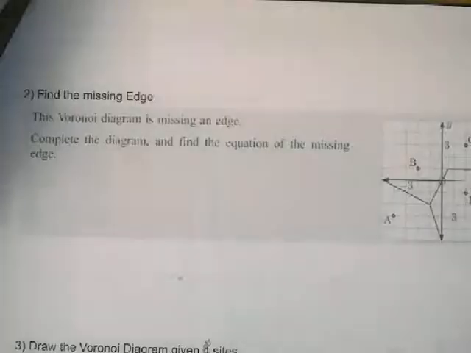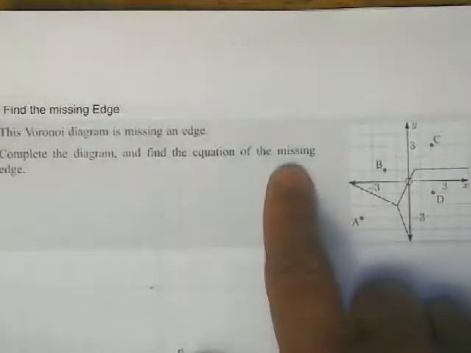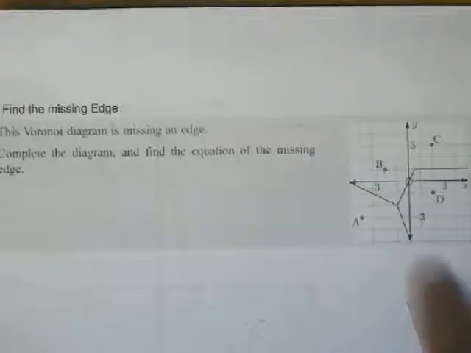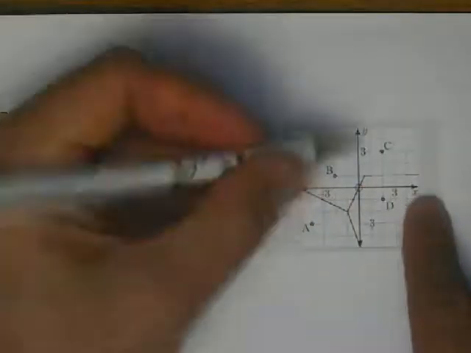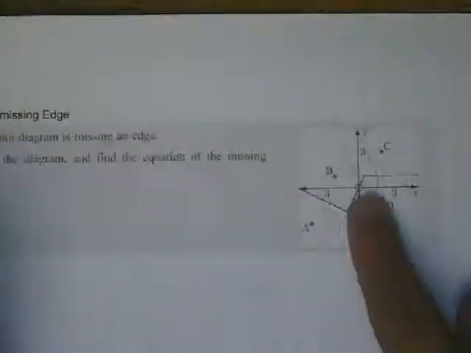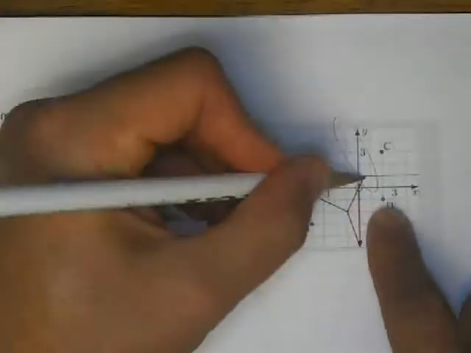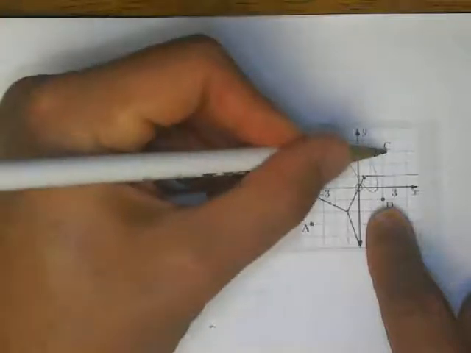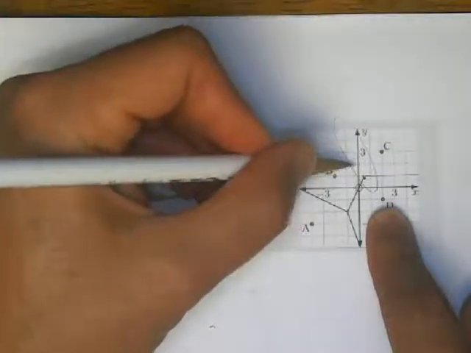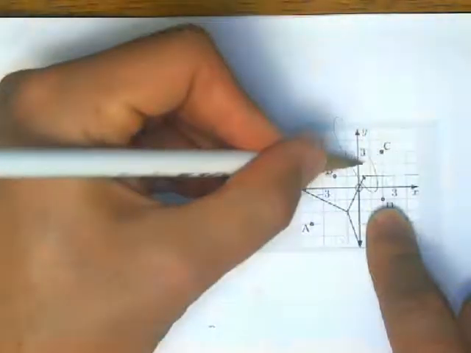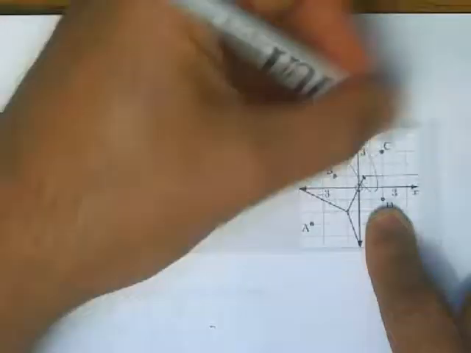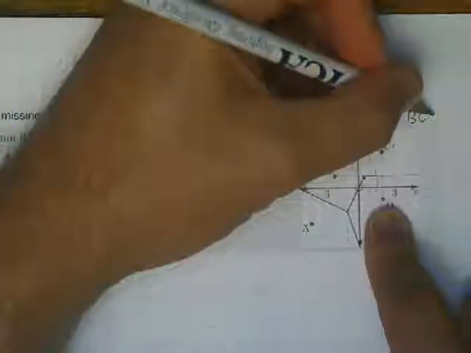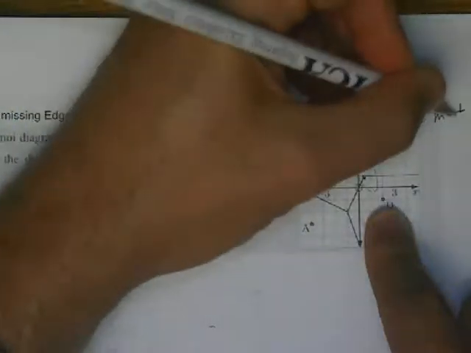Let's look at this question. It says, find where the missing edge should be. We know there's supposed to be an edge between B and C, and we know the line is supposed to be symmetrical, so it's going to be in here somewhere, and it's going to start here. You can see from the grid that B to C has a slope of 1/2.